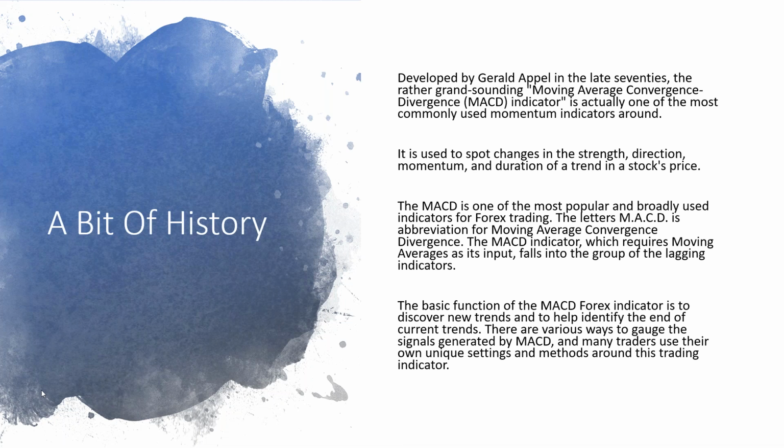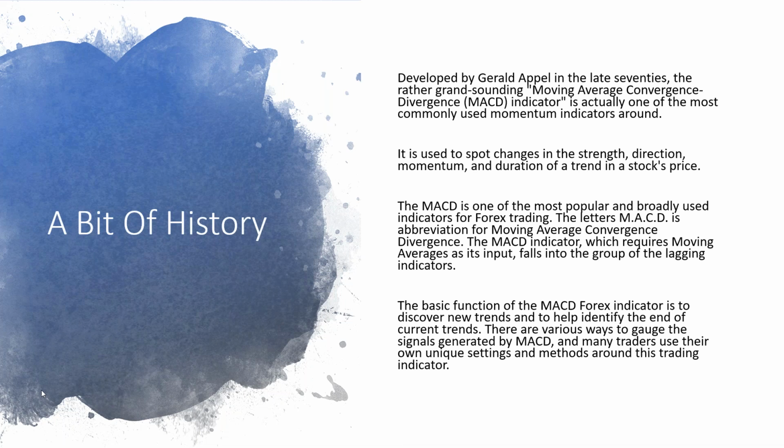Most of us think that leading would be a better thing than lagging, and lagging is something that falls behind. But when we come to technical indicators, leading indicators precede the market, where lagging indicators confirm what's happened in the market. And MACD falls into the group called lagging indicators.